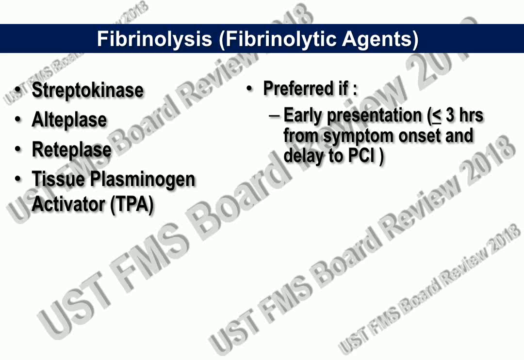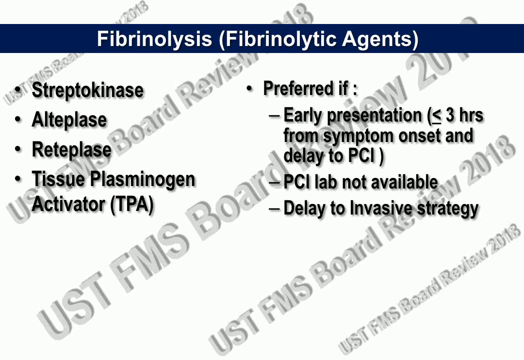If you have a patient coming in early, preferably 3 hours or less from symptom onset, or you expect a delay to PCI. It's also preferred if you don't have a cath lab, it's not available, or you expect delay, or you cannot transfer the patient to a hospital with a cath lab facility.